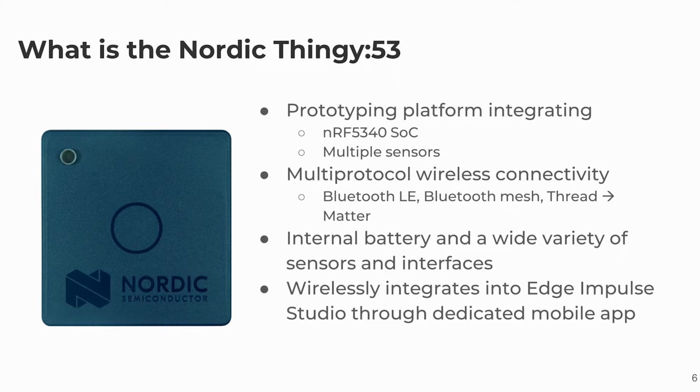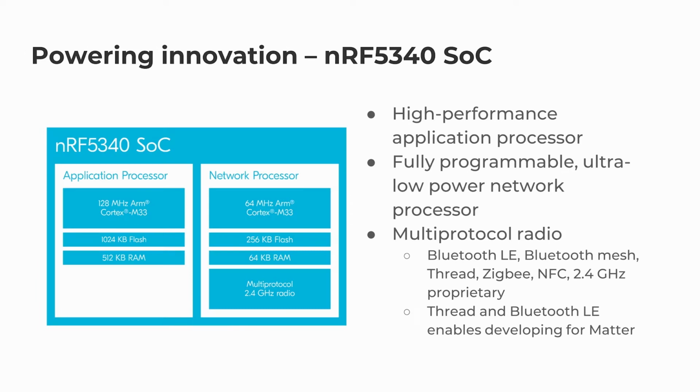So these are some of the specs for the nRF5340 SoC. It is our flagship system on a chip. It has dual-core Arm Cortex-M33 processors. It has a high performance processor that runs at 128 megahertz clock speed.